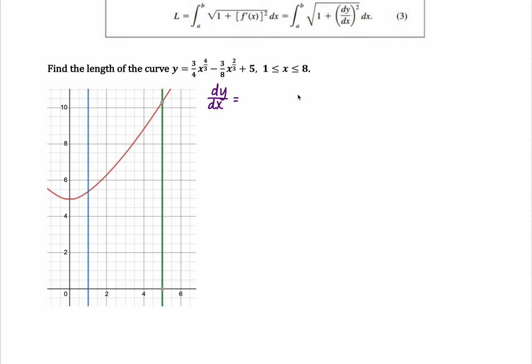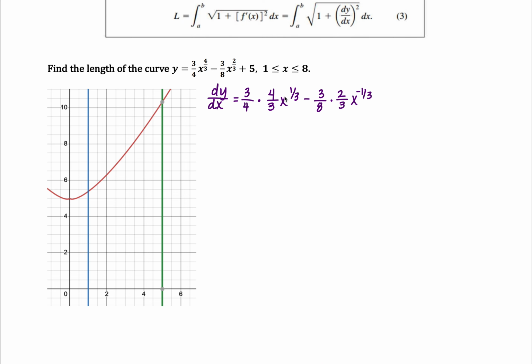So taking the derivative, we have 3/4 times 4/3 x to the 1/3 power minus 3/8 times 2/3 x to the negative 1/3 power. And then, of course, the derivative of 5 is 0.